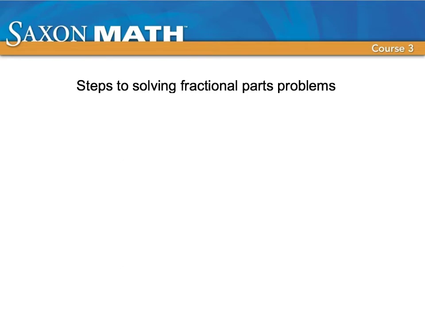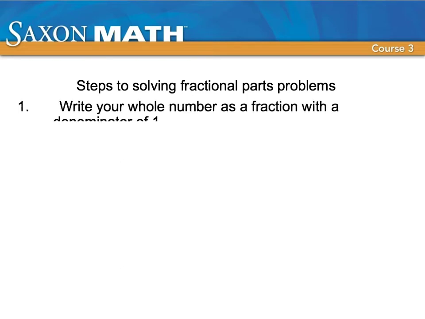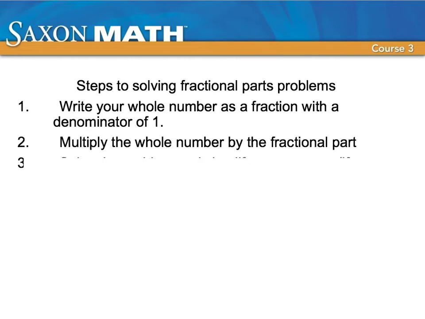So here's our steps. First one is to write your whole number as a fraction with a denominator of 1. In your problems you're going to get a whole number, like 1, 2, 3, 4, 5, something like that. We'll talk about what that means to write with a denominator of 1. Step 2, getting ahead of myself. Step 2 is to multiply the whole number by the fractional part.